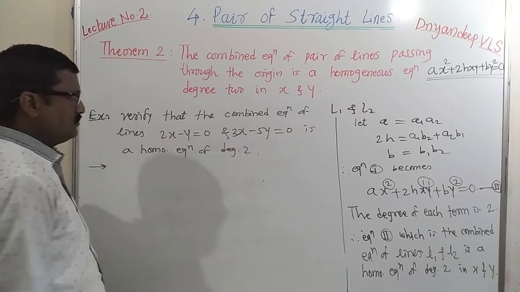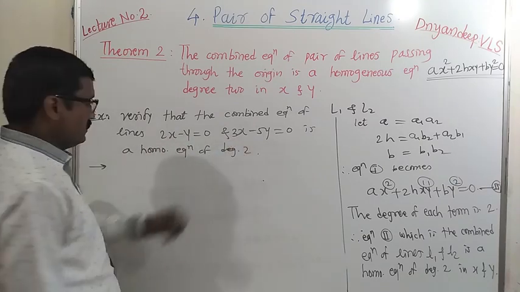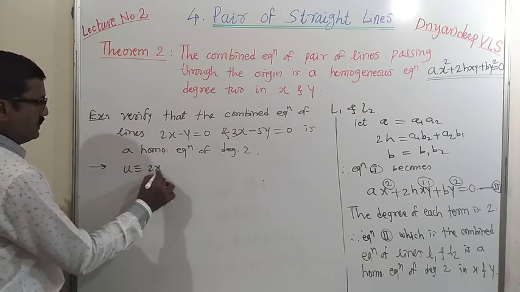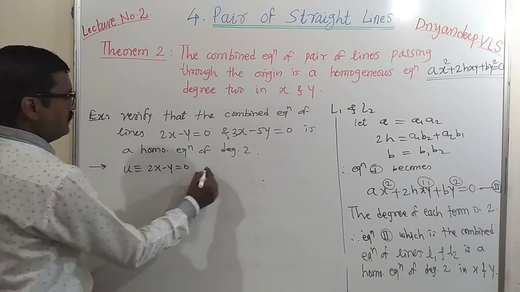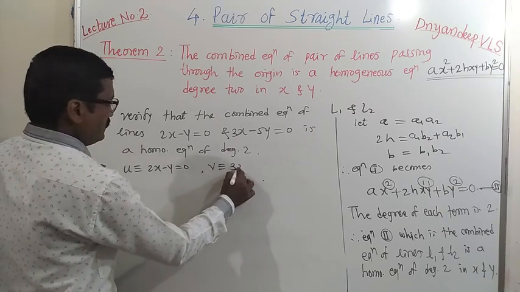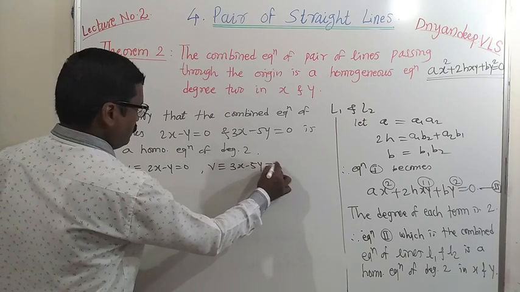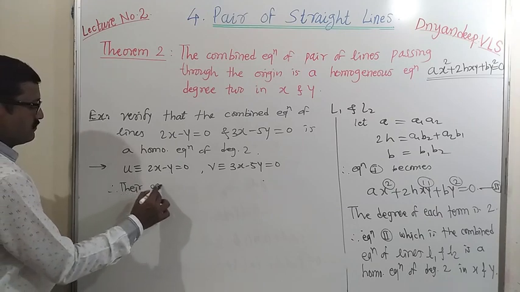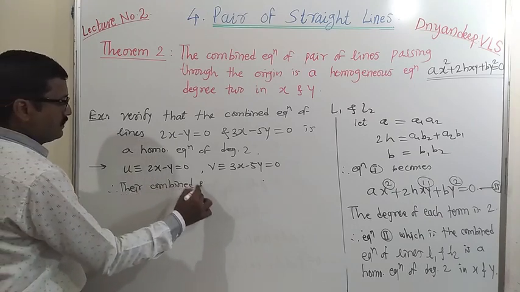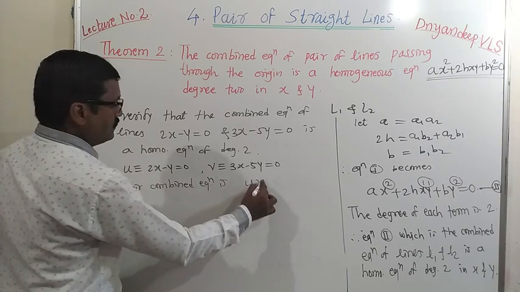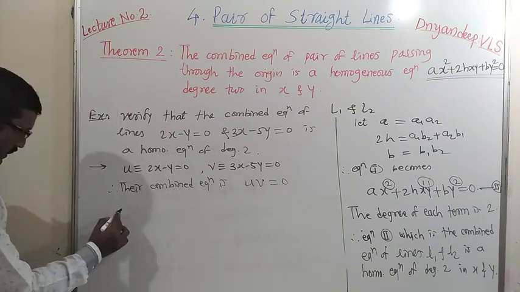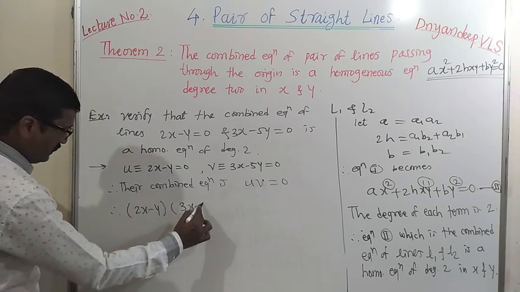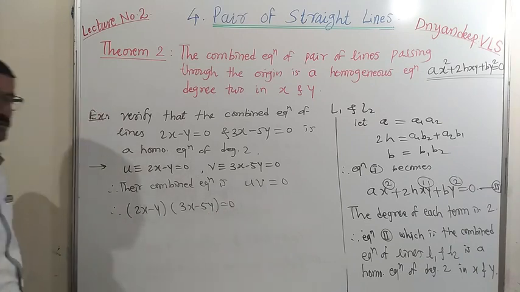Here these two lines which are passing through origin are given. So consider u as 2x minus y equal to 0, then v is 3x minus 5y equal to 0. Therefore, their combined equation is uv equal to 0, and therefore we get (2x minus y) into (3x minus 5y) equal to 0.